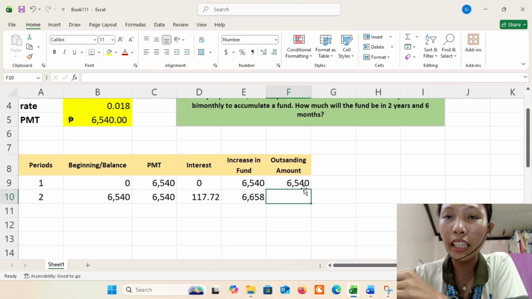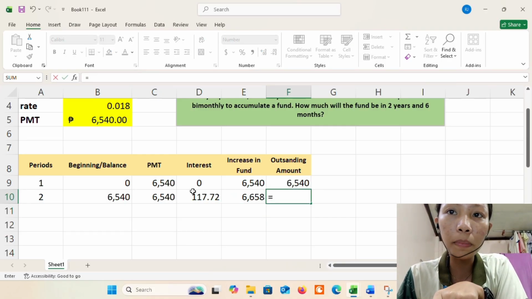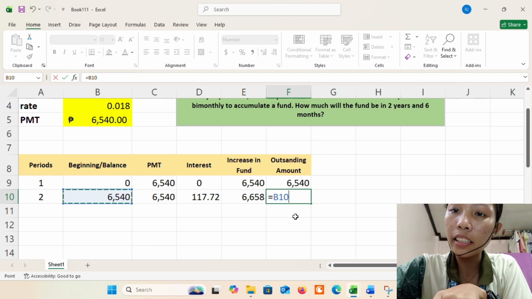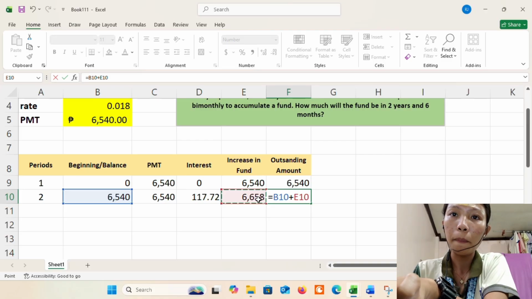Next, in our outstanding amount, again let's put an equal sign and put this beginning balance, then addition and our increase in fund.